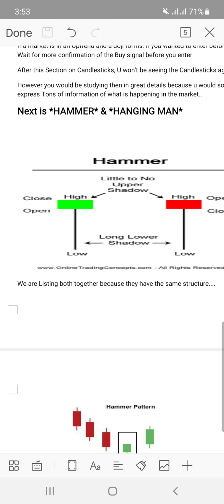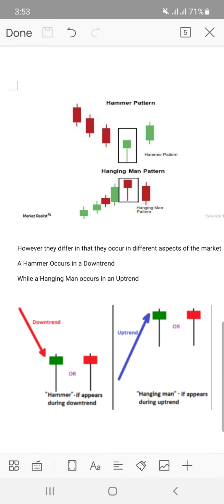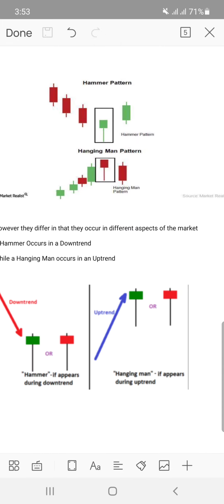Remember, I said that it has a body, then a long wick down. And what classifies it as a hammer or a hanging man is the location where you see it. If it is down, it's a hammer pattern. If it is up, in an uptrend, it is a hanging man pattern. They differ in that they occur in different aspects of the market.